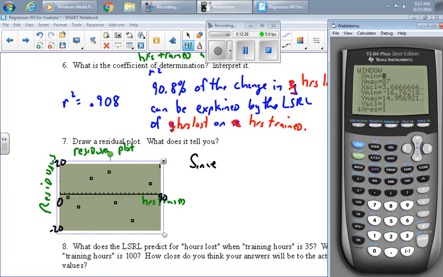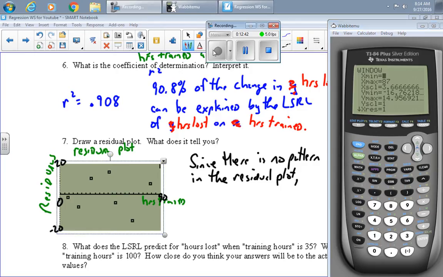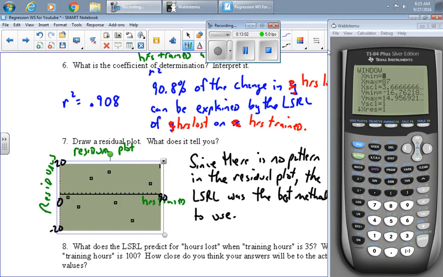Since there is no pattern in the residual plot, the LSRL was the best method to use. So if there had been a pattern there, then the LSRL wouldn't be the best way to go. I should use some sort of curved function.